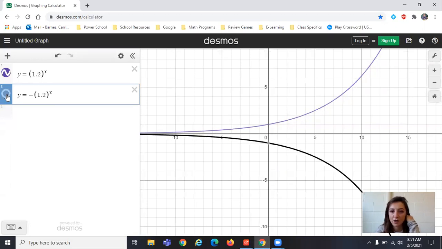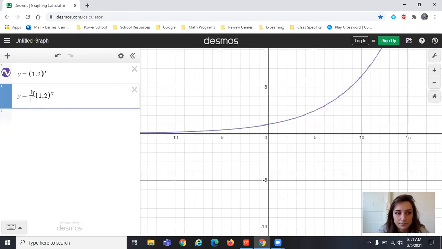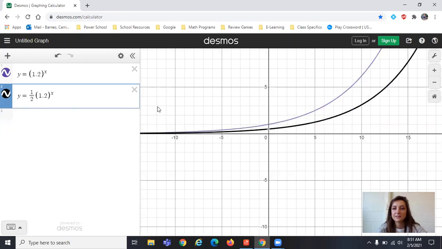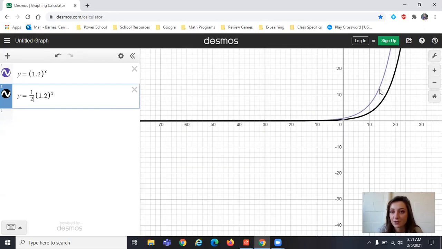So let's look at our 1/2 now. And you can see that instead of being like it was, it's now shrinking down to this black graph right here. So shrinking down, pancaking out a little bit more, that is your vertical shrink.